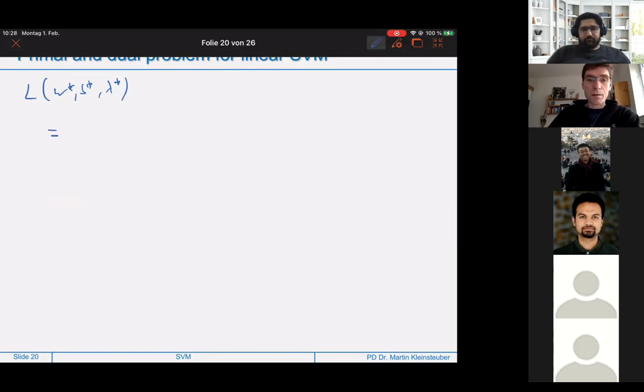You just plug that in. I omit the star here, as I do in the lecture notes, because otherwise it's not readable. So you have 1/2 the norm of W minus the sum of the constraints lambda i times our linear constraints yi times (W transpose xi minus b). This was the Lagrange function.